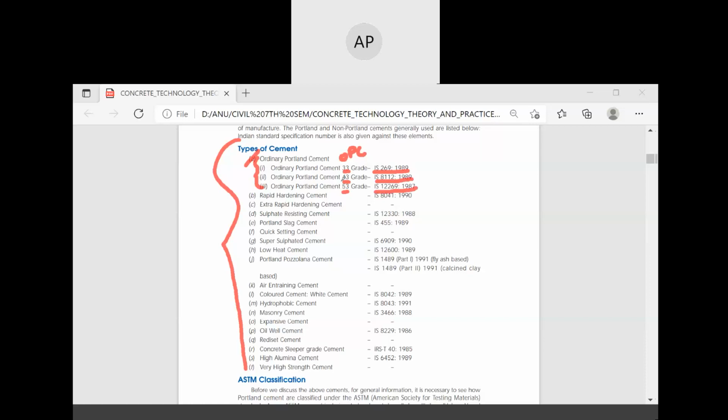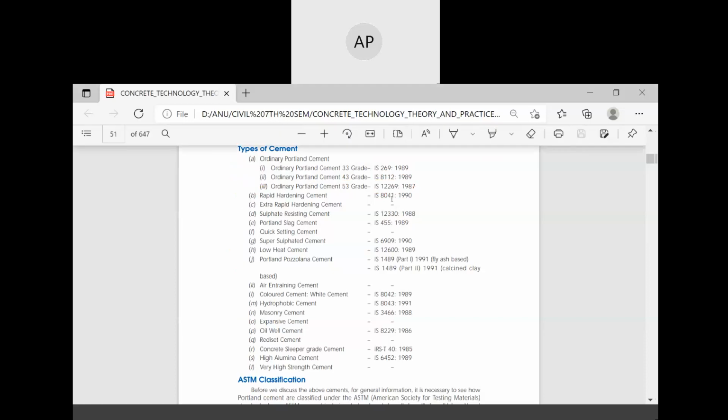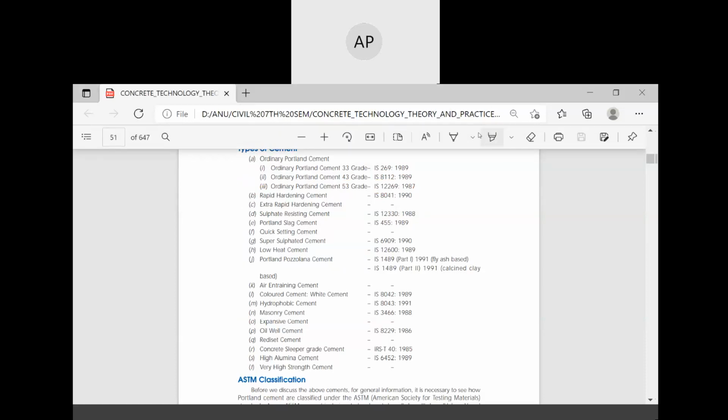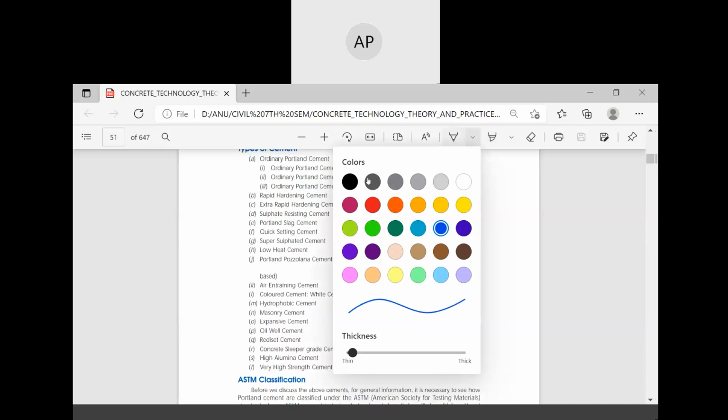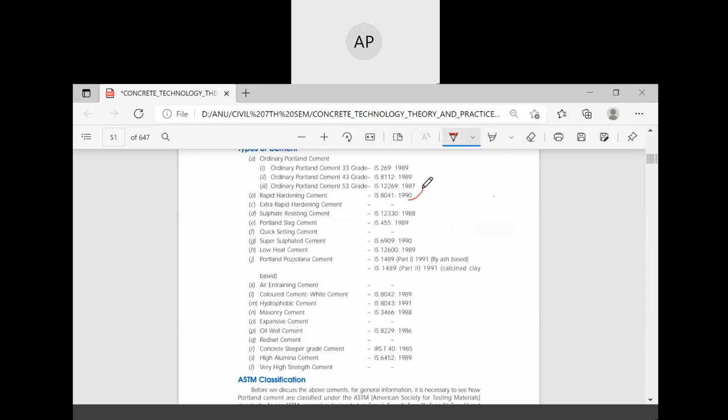Another type of cement is your rapid hardening cement. Okay, and the IS code is this one.